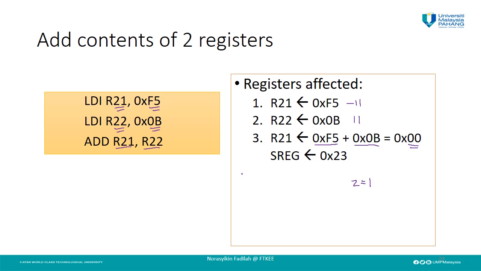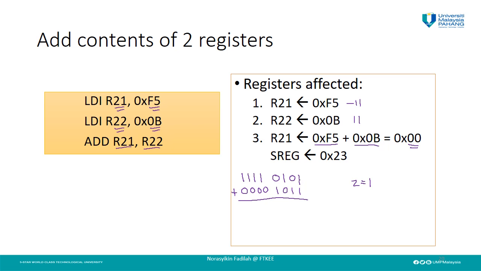The other flags will be updated depending on the bit by bit addition operation. So let's say we have F5. F is 1111, and 5 is 0101, and then we have 0B. B is 1011. How the CPU adds these values is bit by bit from right to left.